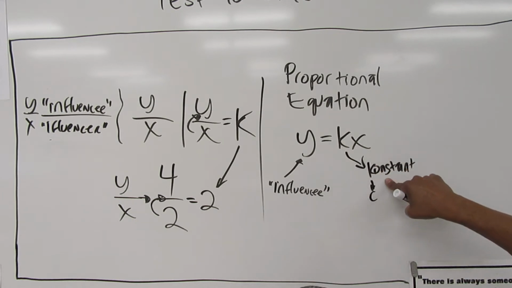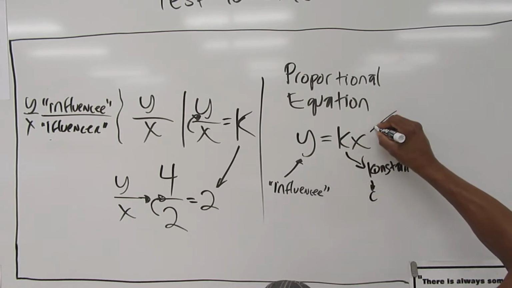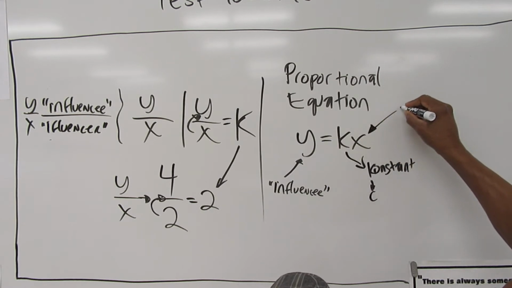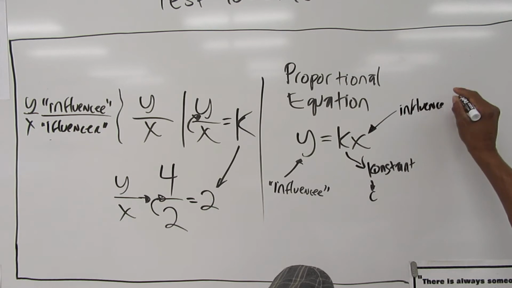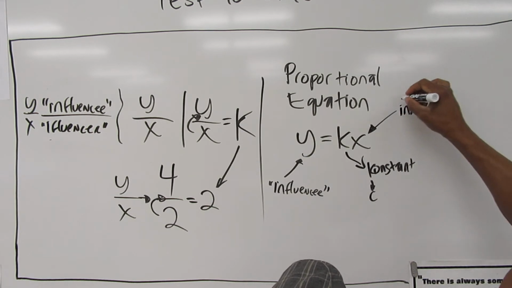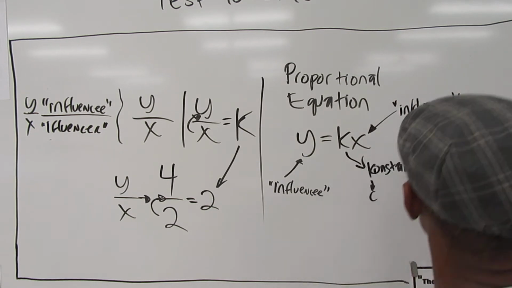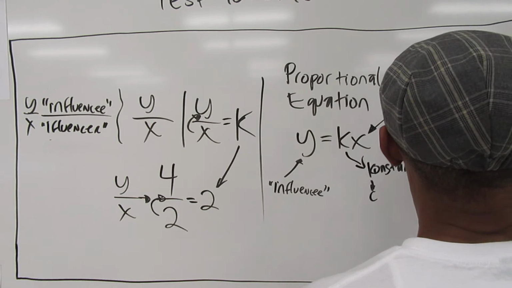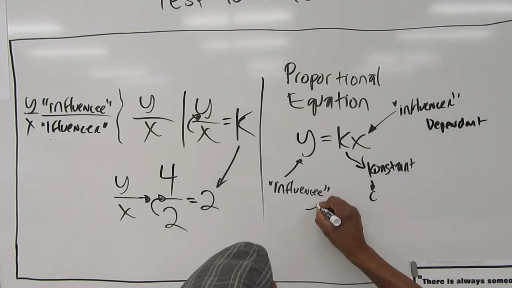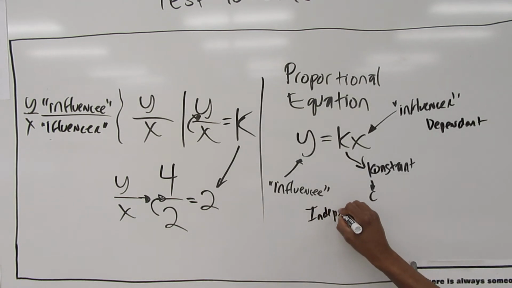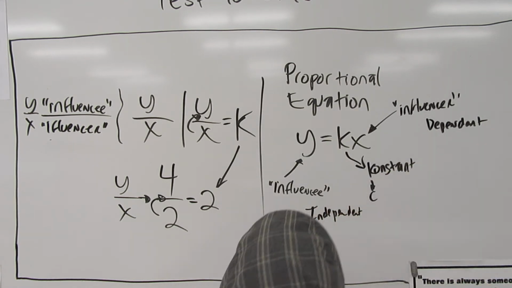What I want to do is take the k, so you always remember that. So the x value here is the influencer. And like I said, this is known as the independent variable as we go on there.